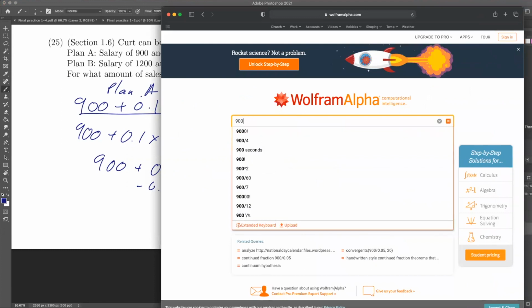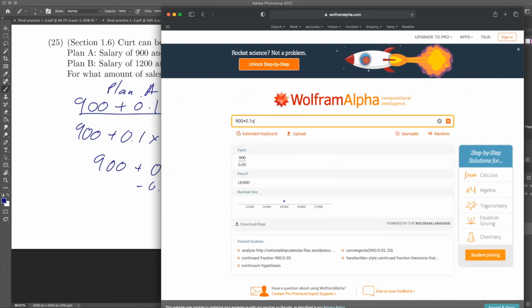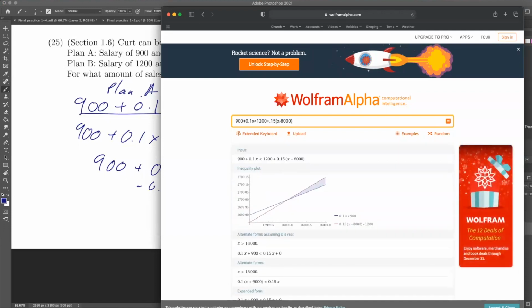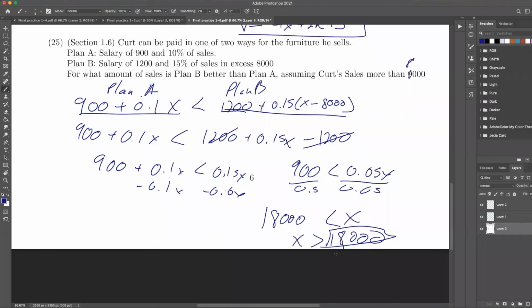You type in plan A, the 900 plus 0.1x is less than the 1,200 plus 15% of our sales minus 8,000, because I have to get over 8,000. Crunch this through, see if we get the same number. Yes, we do. x is greater than 18,000. All right, so that's the end of that, and that's how we type them in.